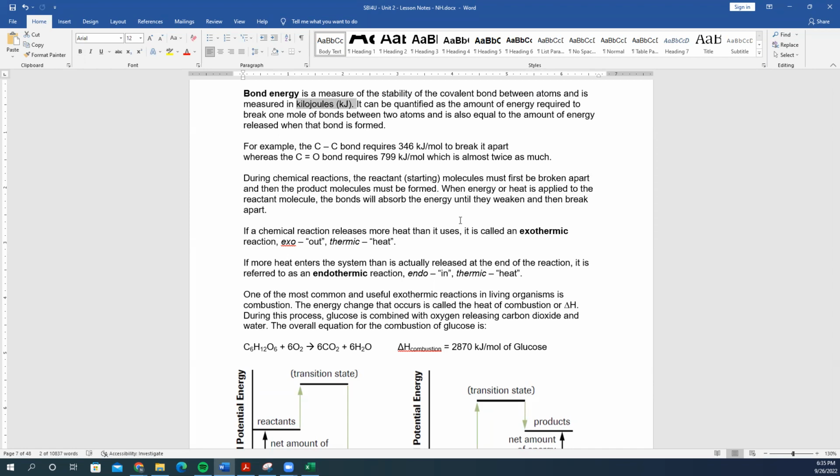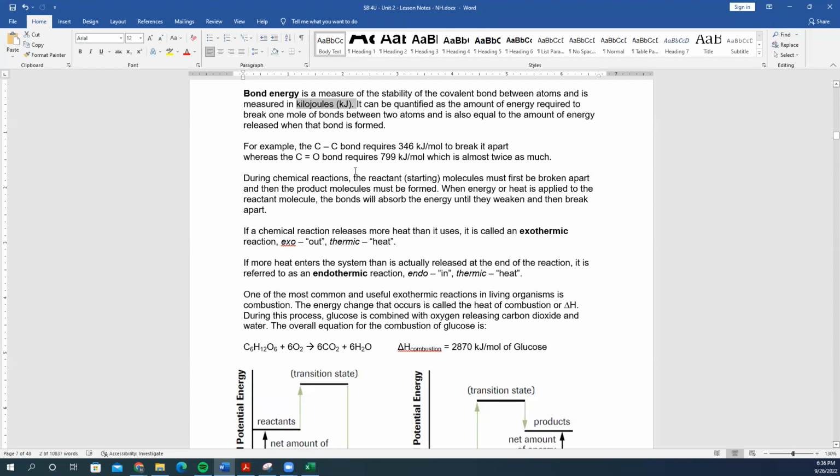It can be quantified as the amount of energy that is required to break 1 mole of the bonds between 2 atoms. And it is also equal to the amount of energy that is released when that bond gets formed. For example, if we look at a carbon-carbon bond, as we may have in a molecule such as glucose, the carbon-carbon bond requires 346 kilojoules per mole to break it apart.